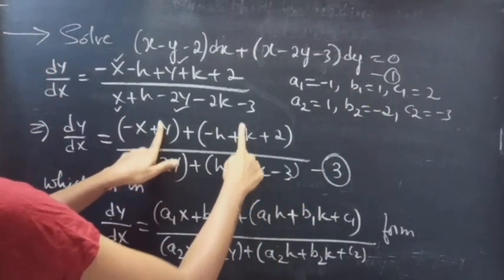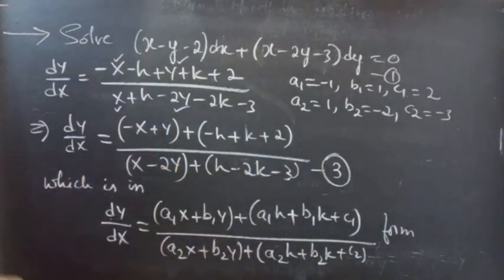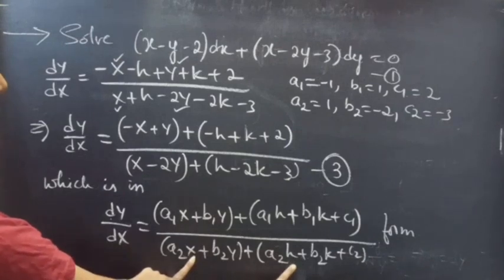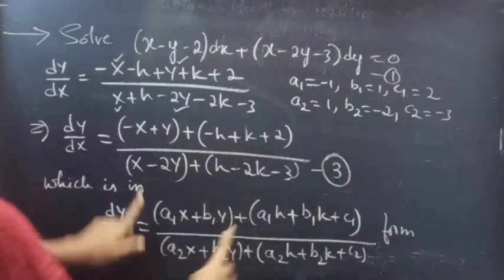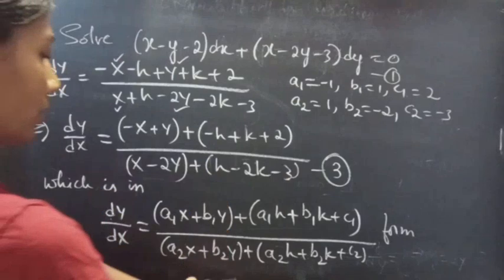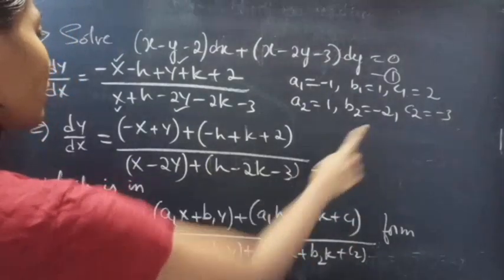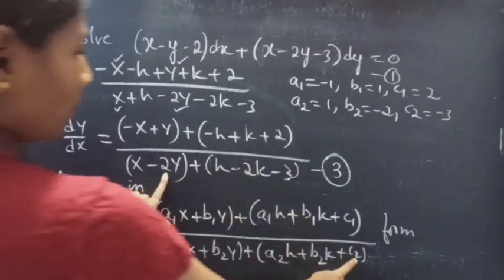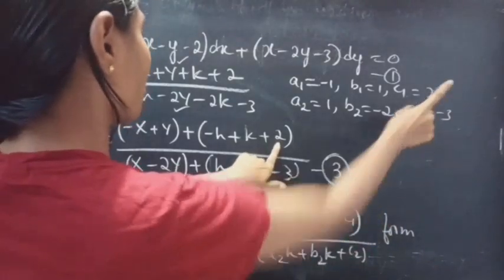Now coming to x and h in the denominator, the coefficient is a2, and a2 is 1. And here the coefficient of y and k is b2, which is minus 2. And you have c2 equals minus 3, c1 equals 2. Fine.